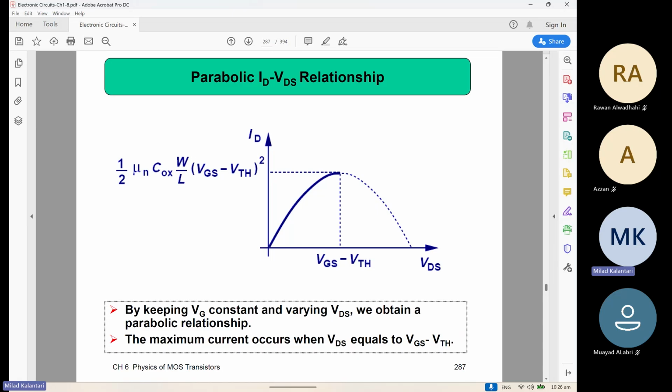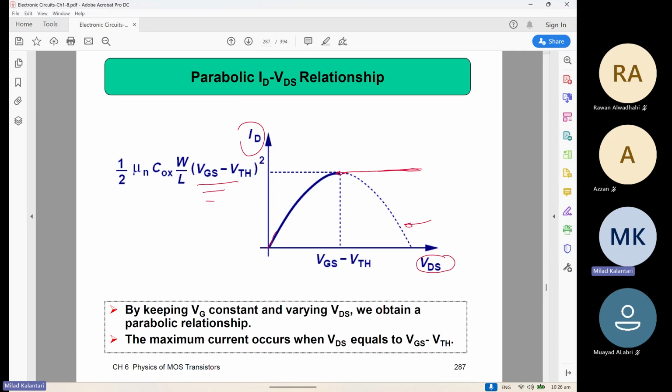If you plot that equation, the ID versus the VDS, assuming a given value for the VGS, initially if the VDS is 0, there is no current, but as you increase it, the current starts increasing and reaches a maximum, and then it should go back down based on that equation. But we know that this region does not happen. The pinch off happens, and once it happens, the current remains practically constant.